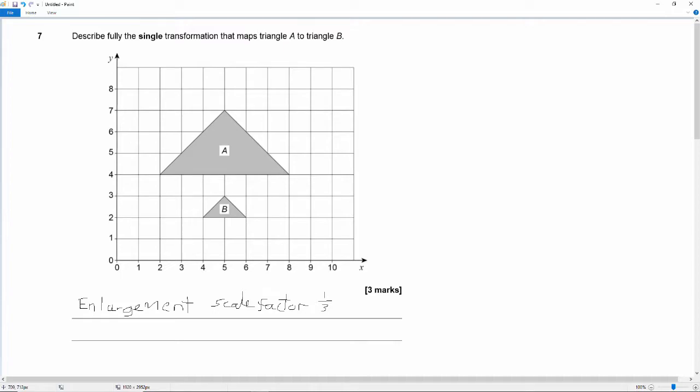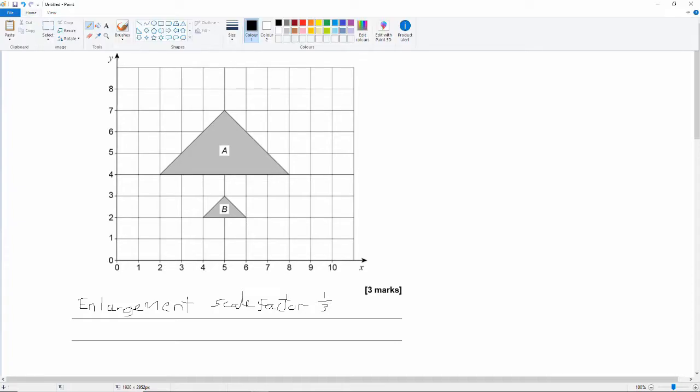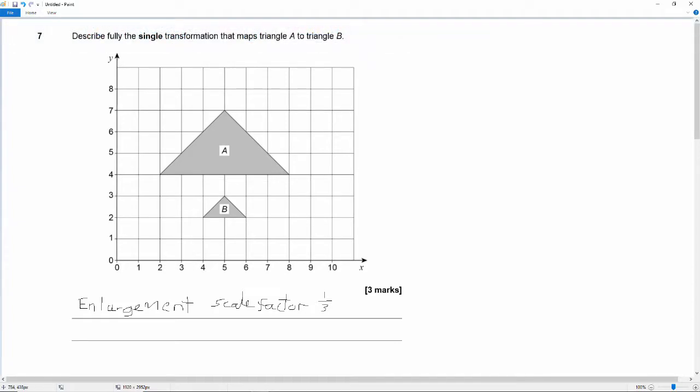Now, where's the centre of the enlargement? We can find that out by drawing a line from the vertices of the triangle. And so we go from this vertex to this vertex. I will extend the line in both directions because at this moment we don't know where the lines are going to cross.